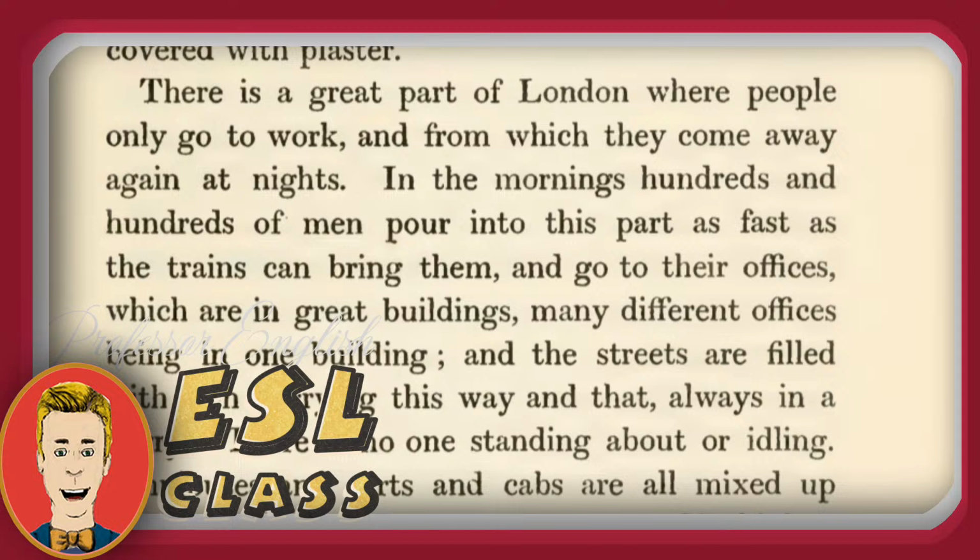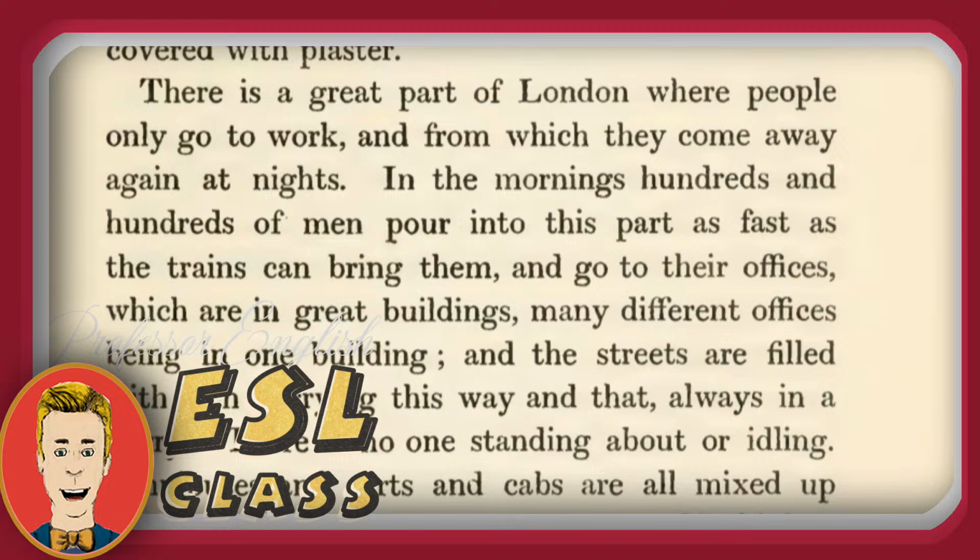Now, if you're kind of a beginner, maybe even intermediate, it's possible you don't know that word pour. And if you looked it up in a dictionary, it would probably show you something like this. Pouring is when you transfer liquid.